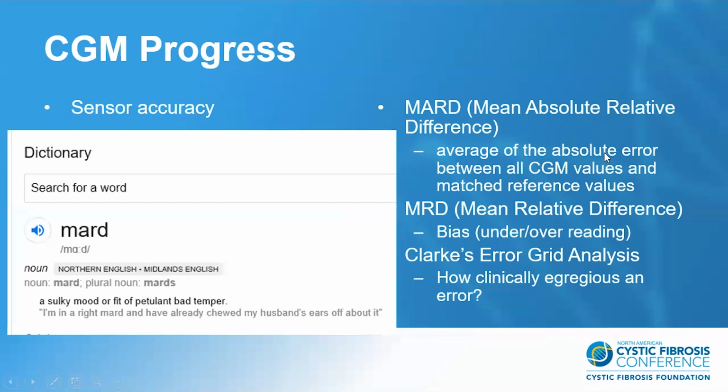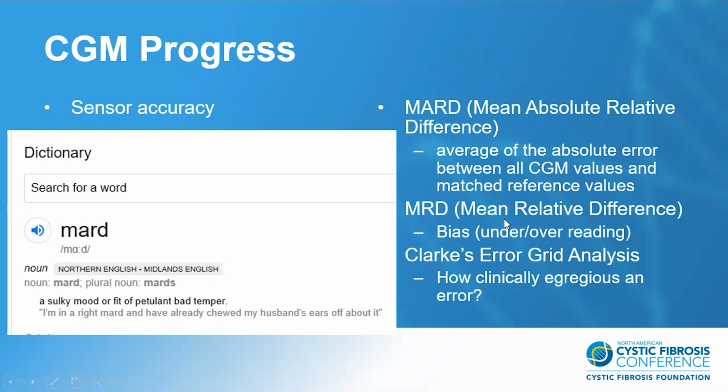It's looking at the absolute error, the average of the absolute error between all the CGM values and matched reference values. So usually the reference values come from a YSI machine which measures glucose values accurately, but sometimes just from finger prick capillary glucometer values.